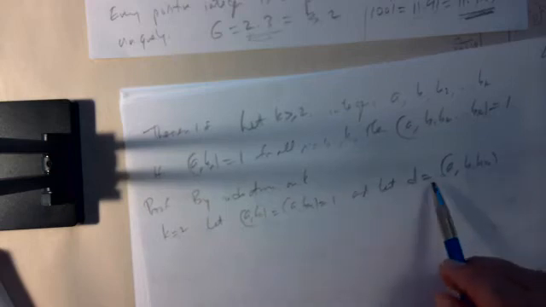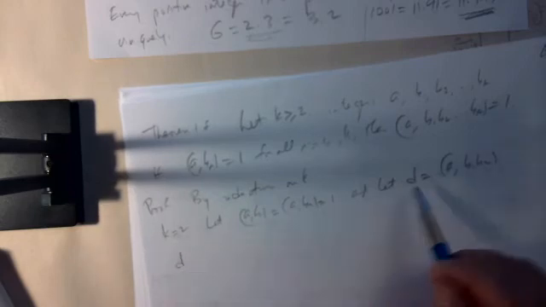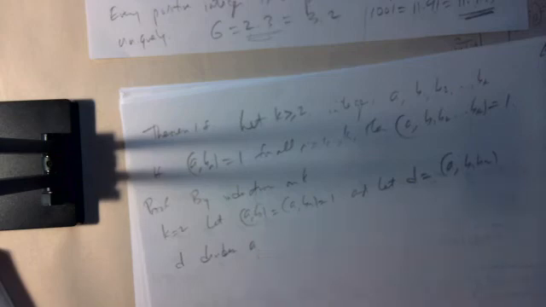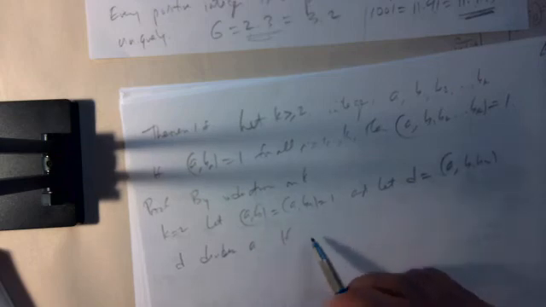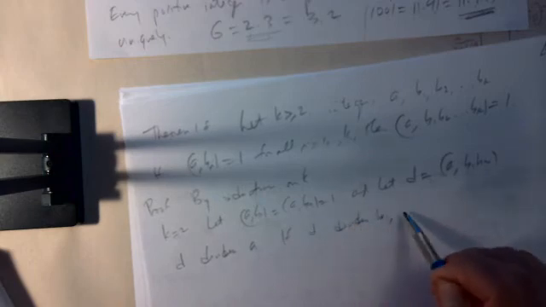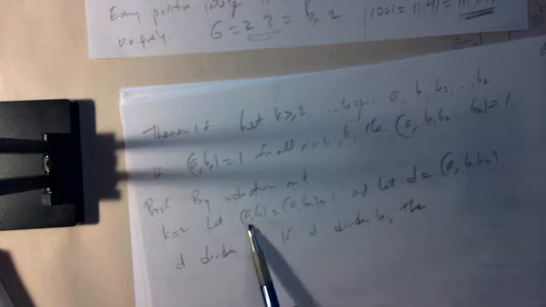So D divides A. If D divides B1, then D is a common divisor of A and B1. But the greatest common divisor of A and B1 is 1.